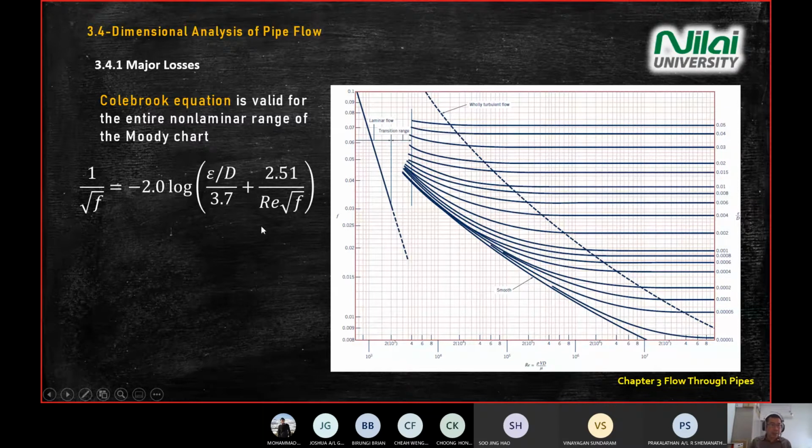And this Colebrook equation is valid for all the non-laminar range in the Moody chart. It means after this vertical line, the Colebrook equation is valid on the right hand side, because by definition we have turbulent flow when our Reynolds number is more than 4,000.